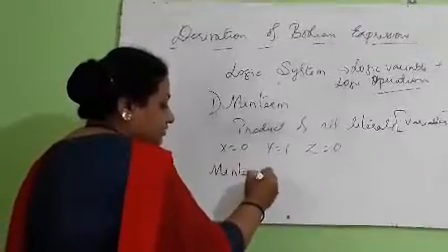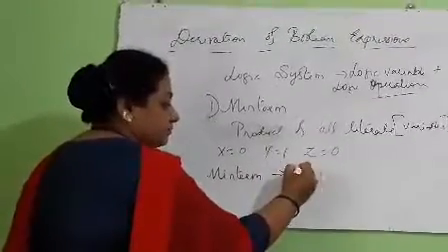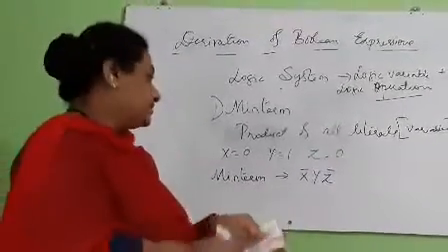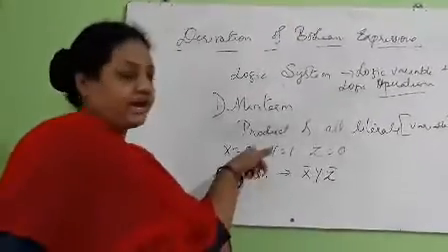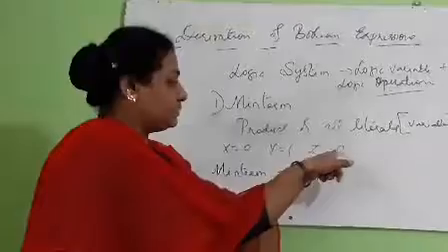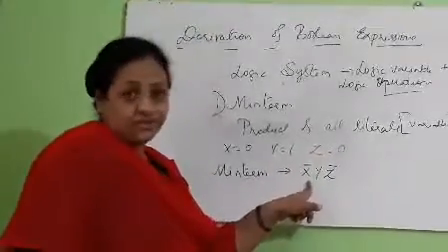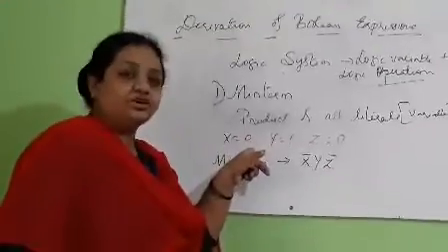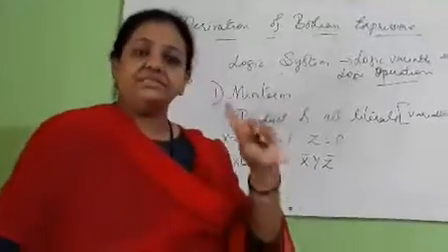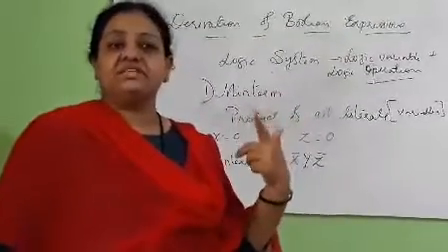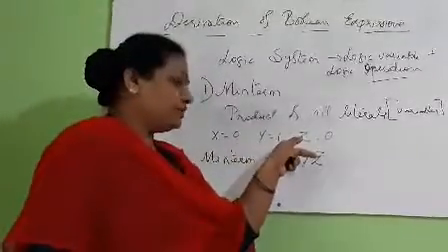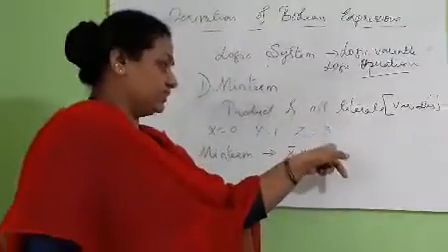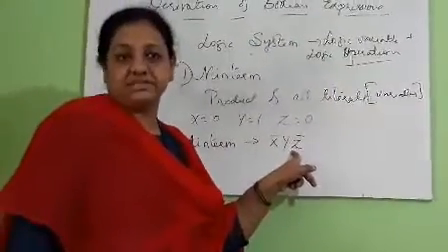It would be x bar, y, z bar. As x represents 0, y represents 1 and z represents 0. If there is 0, it will be represented with its complement. So x value is 0, so x bar. If y value is 1, it will be represented as y. And again z is equal to 0, therefore z bar.